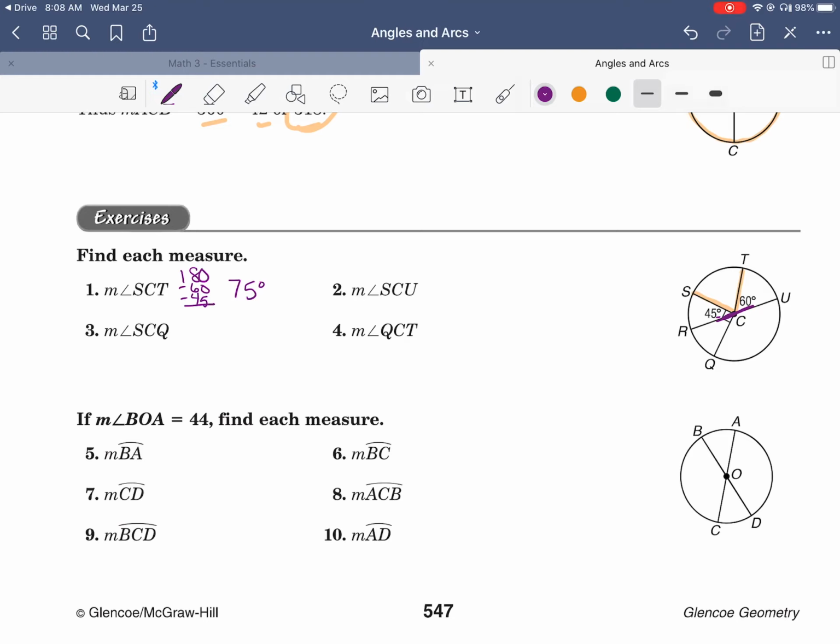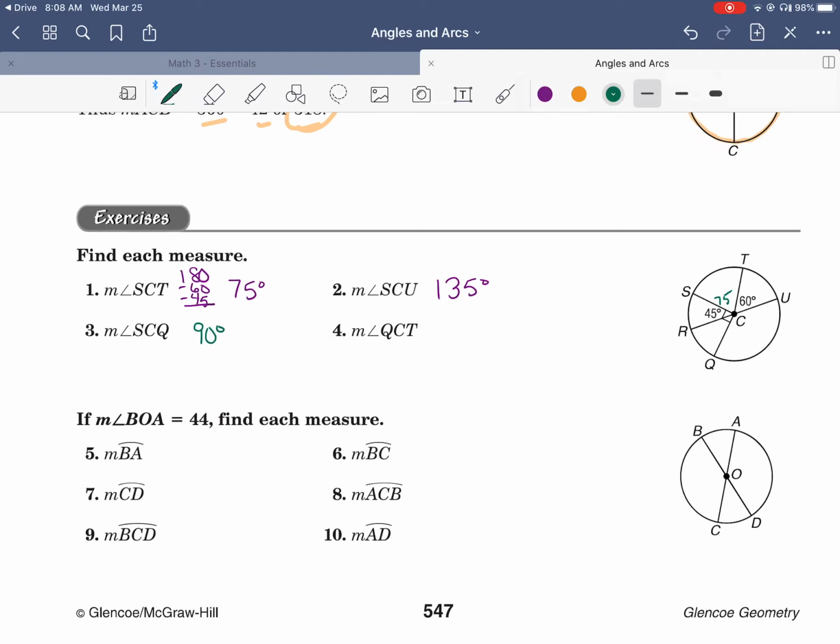Okay. The measurement of angle SCU, since I know this one's 75, 75 and 60 gives me 135. SCQ, I notice there's a right angle symbol in here, which means that it is 90 degrees. And I'm going to erase some of this so that I can see a little bit better.